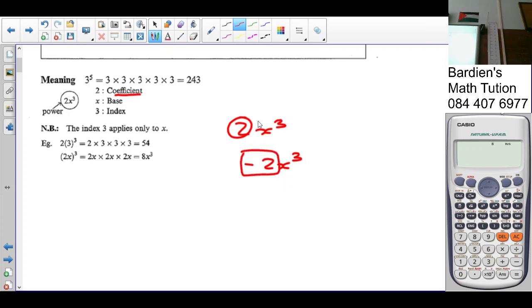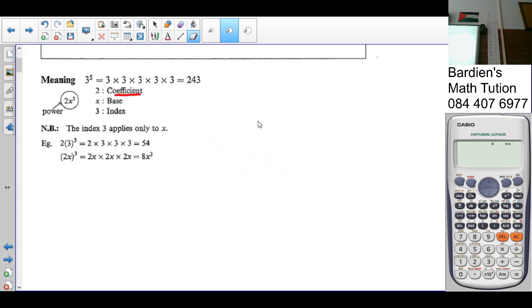Because the sign is part of the term. Your base is going to be x, and your index, or your exponent, is going to be 3 in this case. You all okay with it?